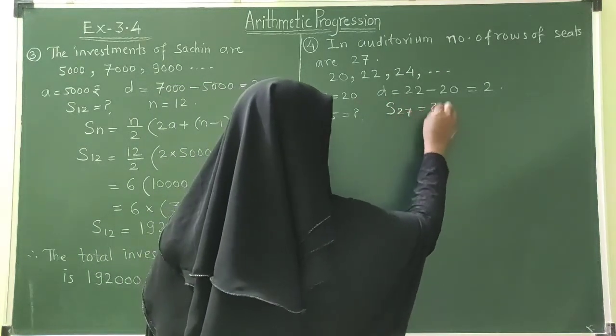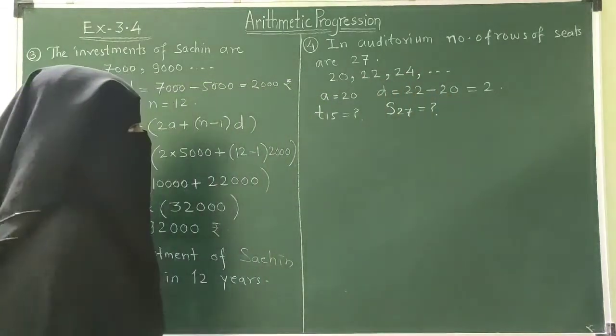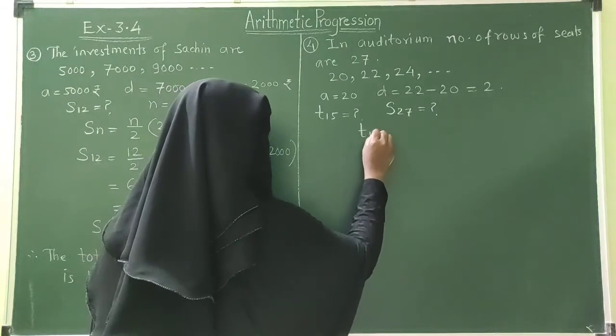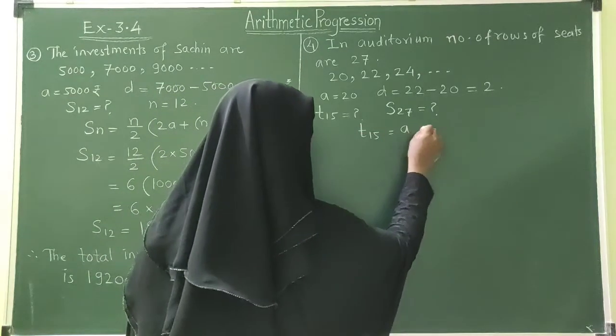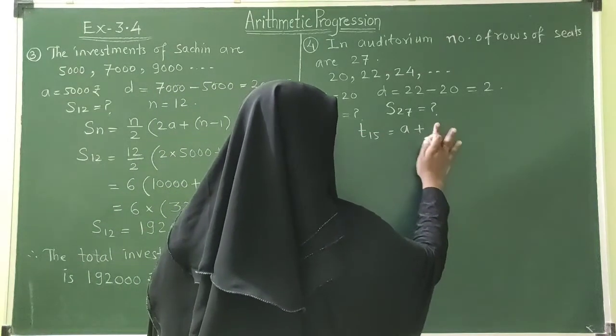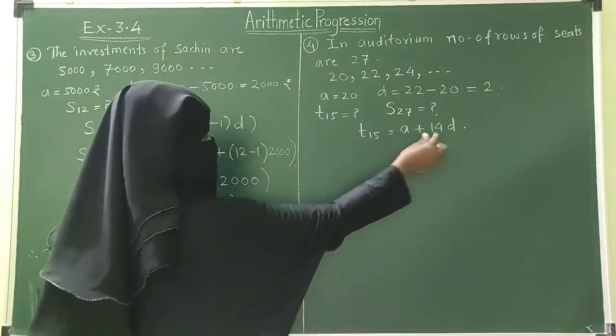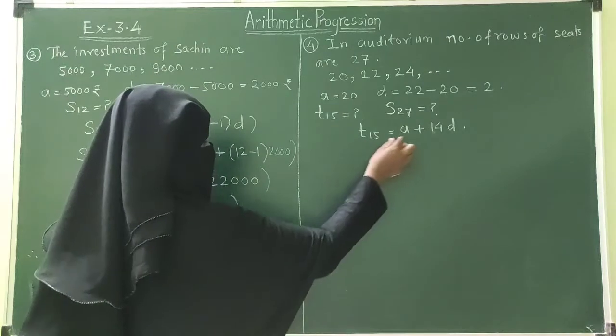These two values we have to calculate. For finding T15 we have to use the formula for Tn. T15 is equal to a plus 14d. 15 minus 1, 14.